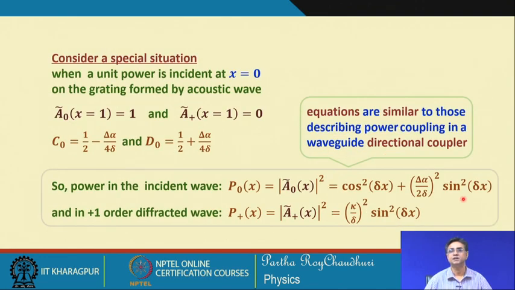So, P 0 equals this, and the power in the diffracted wave is this. This is the same set of equations we obtained while analyzing the power coupling in the case of the directional coupler. It is of course the same nature of coupling, that is why they come out to be the same.